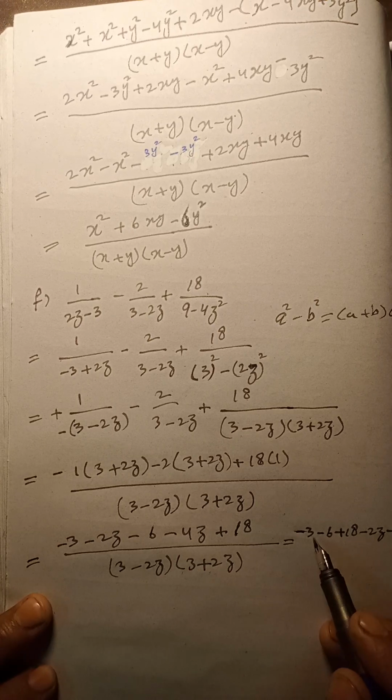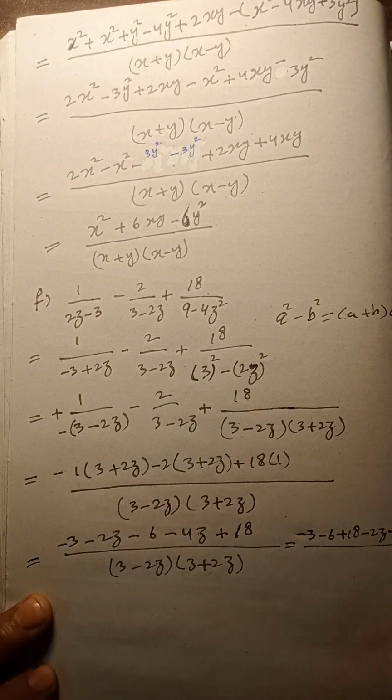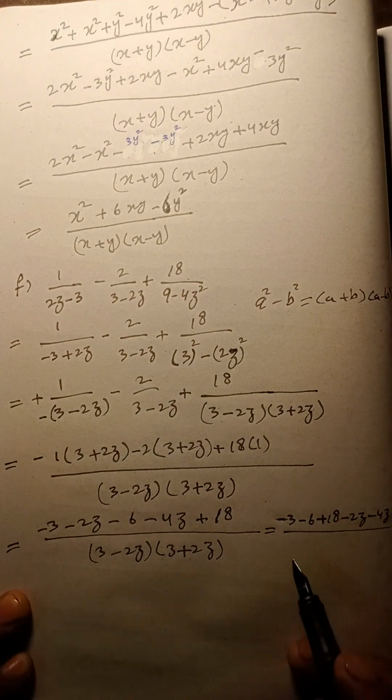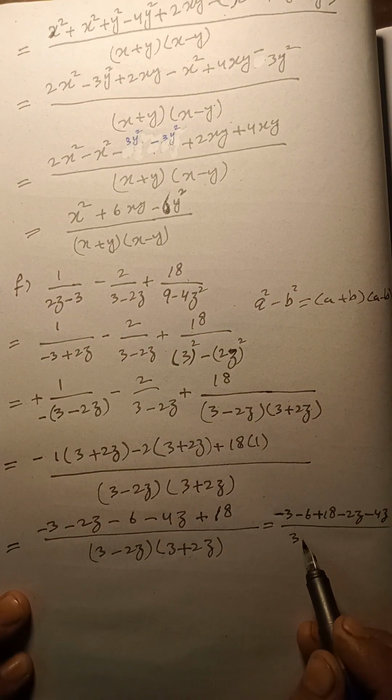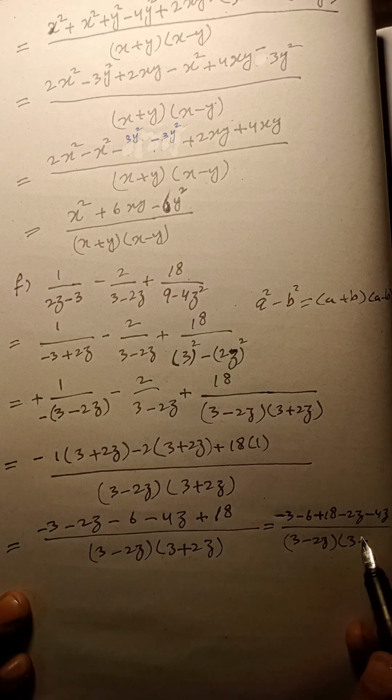In the denominator you will write the same, that is 3 minus 2z into 3 plus 2z.